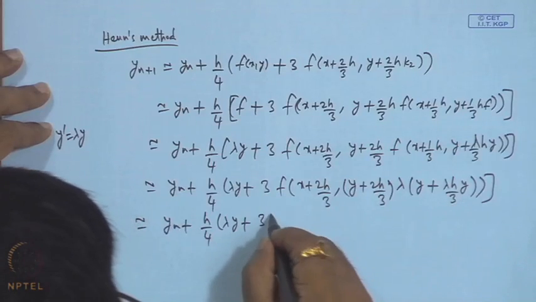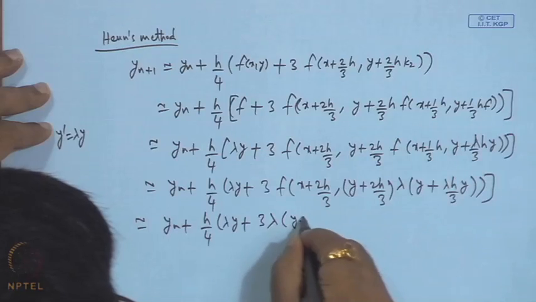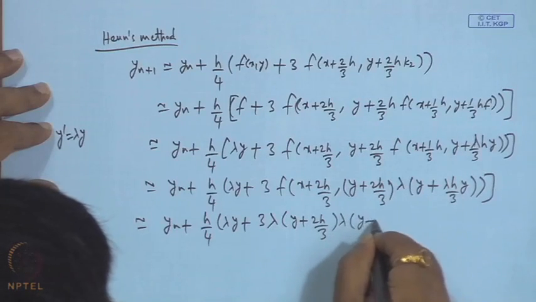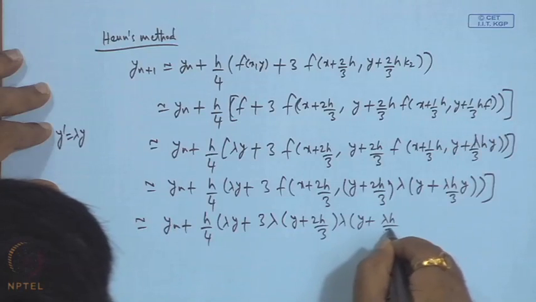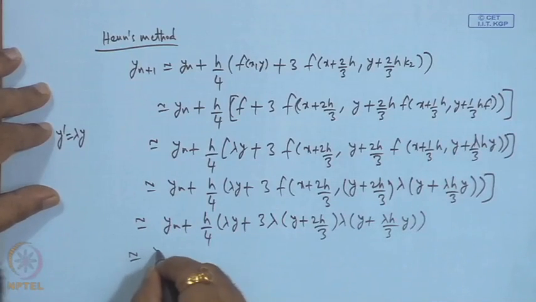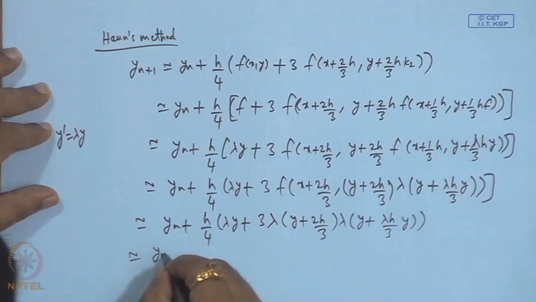So, lambda y must be lambda times, so this is all y n now.